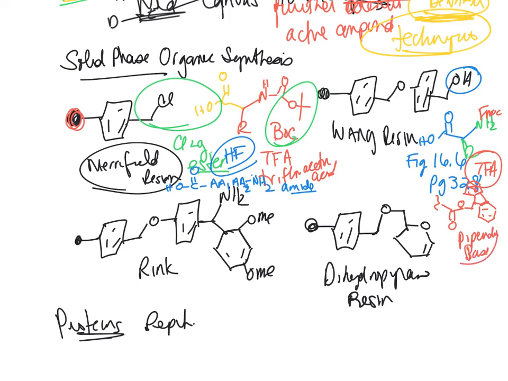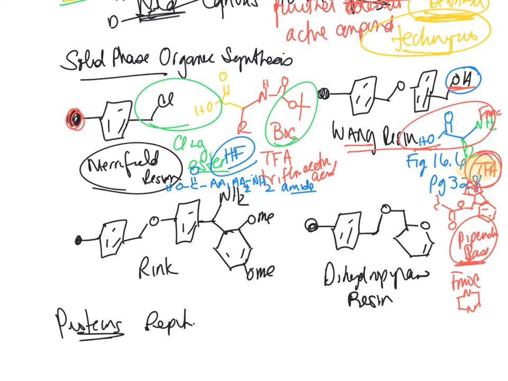So you can attach this amino acid by the carboxylic acid to this Wang resin. You can deprotect the Fmoc group with, I'm sorry, not TFA, but piperidine. So the Fmoc will come off in piperidine base, and then when you want to cleave it from the resin, you use TFA. Okay, so TFA cleaves it.